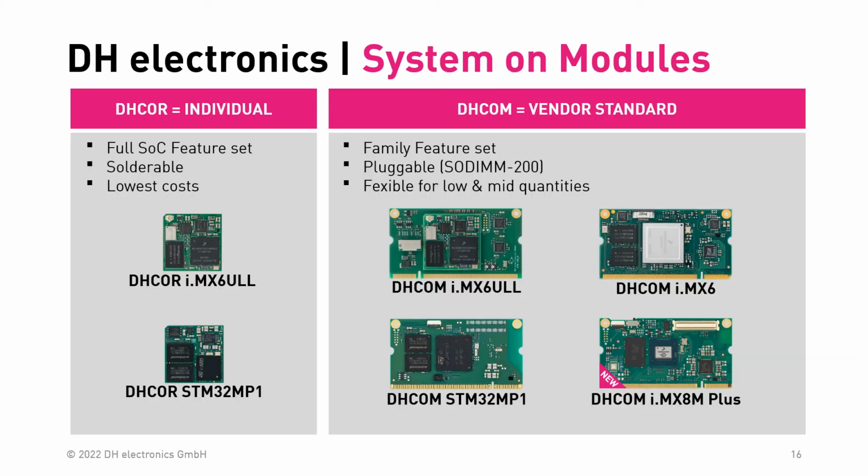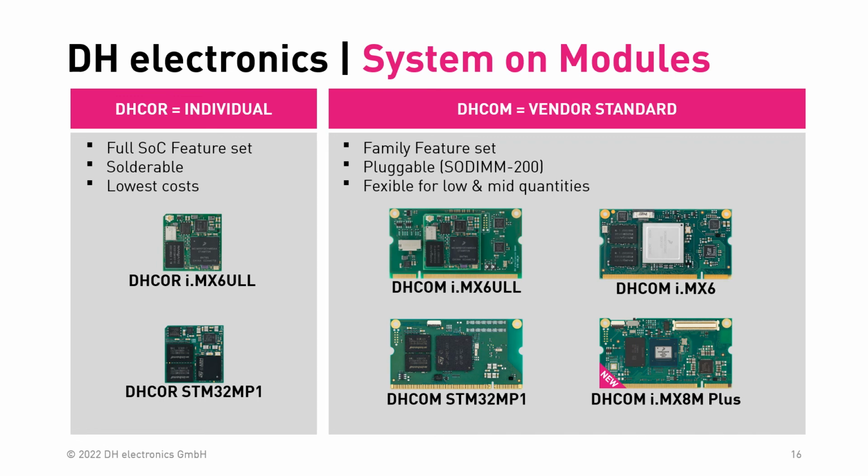On the last slide, I'd like to give you an overview of our products. As I said before, we at DH develop our system on modules based on individual designs and vendor standards. Today we have no system on modules developed according to an industry standard. Let's start with the left-hand side. Here we have our DH core system on modules.